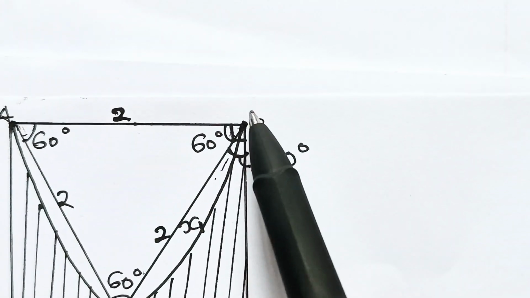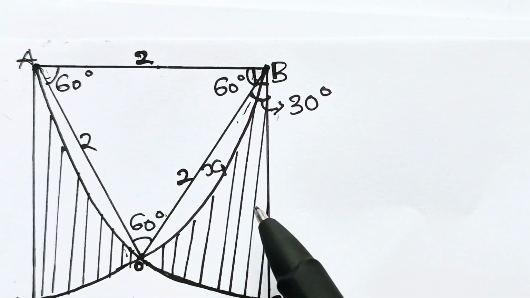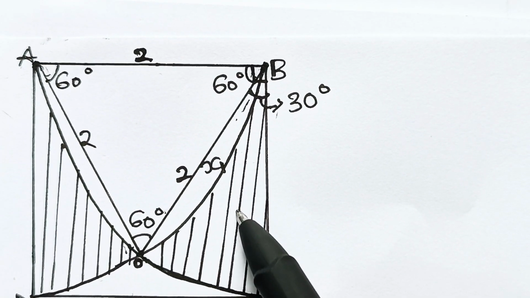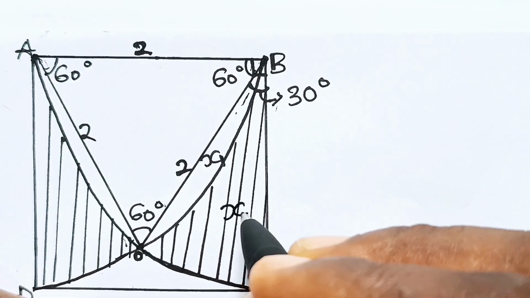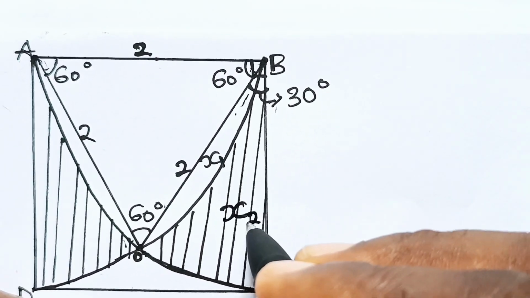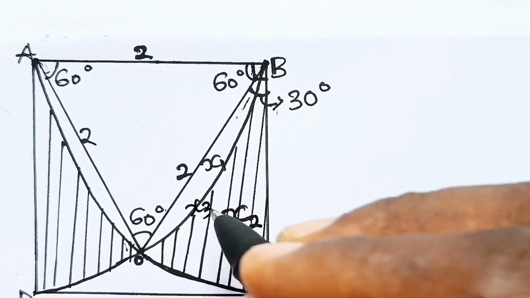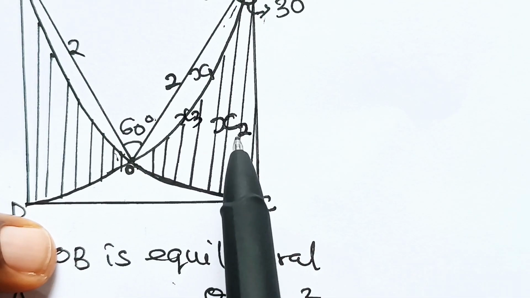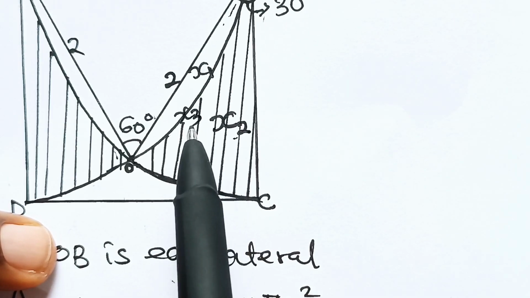The whole of this. Now remember that I want to get the area of this side. Let's call this shaded portion x2, and call the whole of this sector x3. Now if I want to get x2, I would have to subtract x1 from x3.